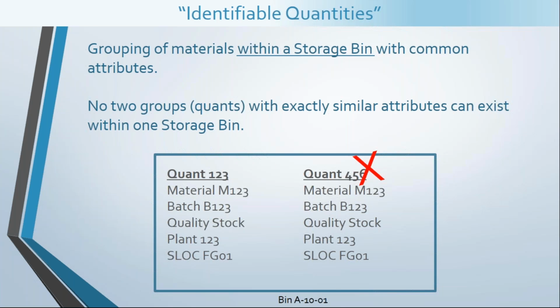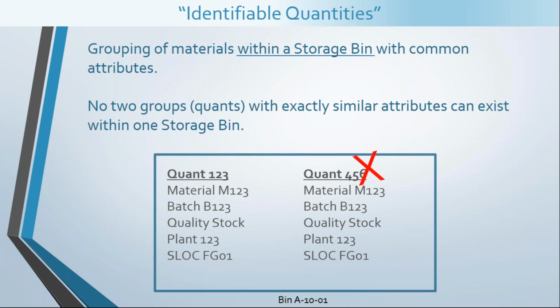Let's say we have a bin A-10-01, and in this bin, if you have material M123, and if you have only one batch, which is batch 123, and let's say only quality stock, and everything belongs to plant 123 and FG01, then SAP would create only one quant for that. You cannot create two quants because these quants cannot be distinguished from each other.